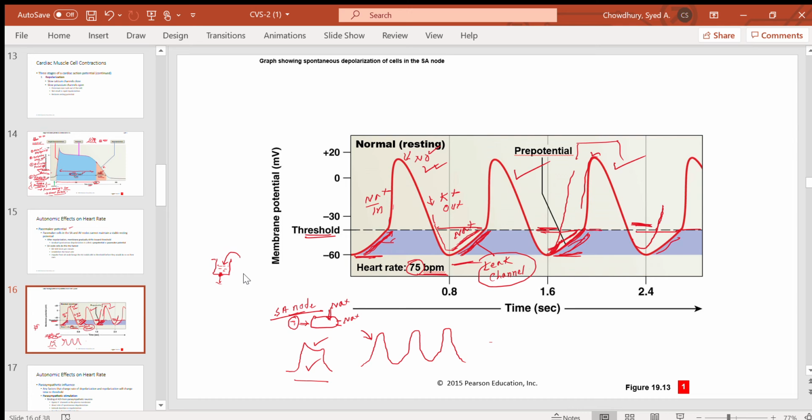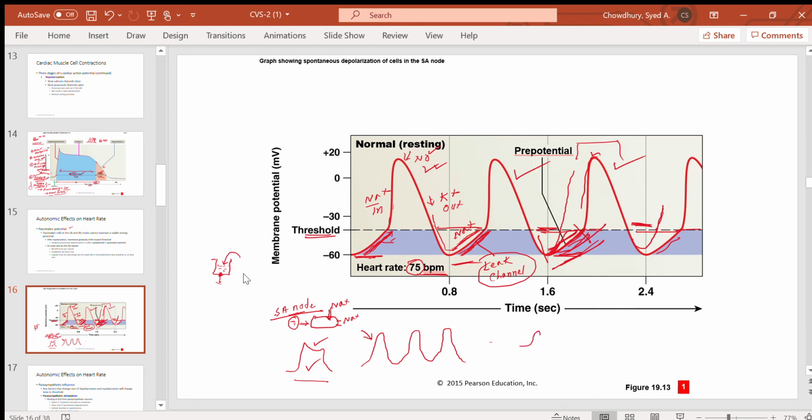So by changing this pacemaker potential part, this slow rise first part, we can make the heart rate faster or slower. If we can make this faster, then the heartbeat will be faster. If we delay this one, then it will be slower, like this.